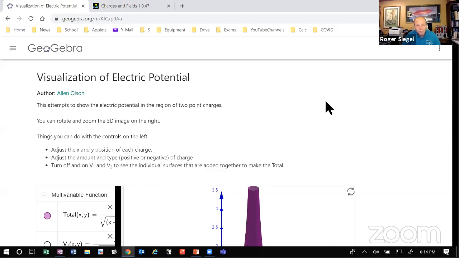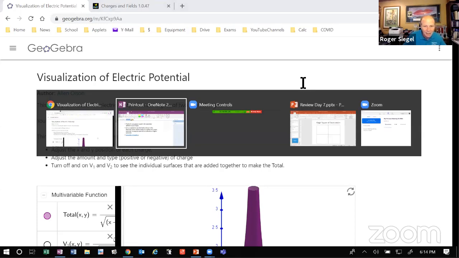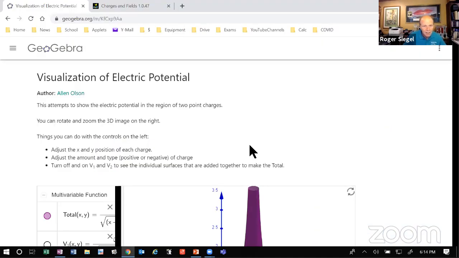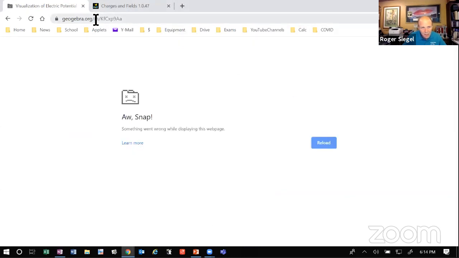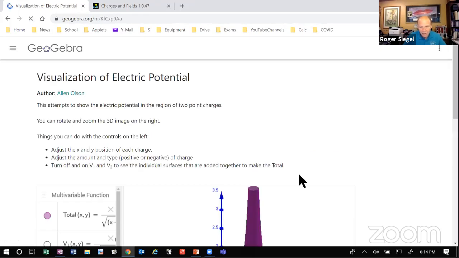Okay. Or not. Let's try that again. Okay, I am having some tough points with this. I'm going to exit this page. Okay. And we're going to try and reload this. Just give us a second.